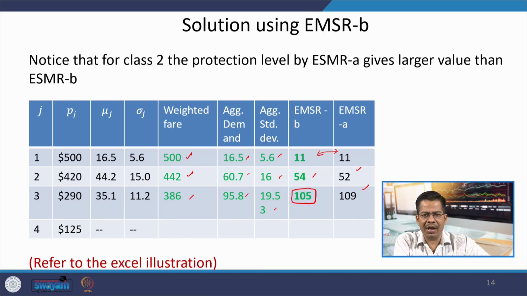EMSR B is more efficient in its calculation, and therefore EMSR B is generally used in doing the allocations in modern service systems, while numerically the numbers sometimes may favor A and sometimes B.